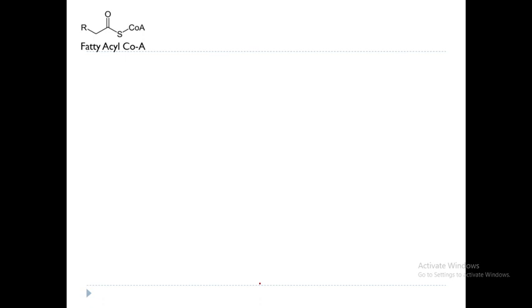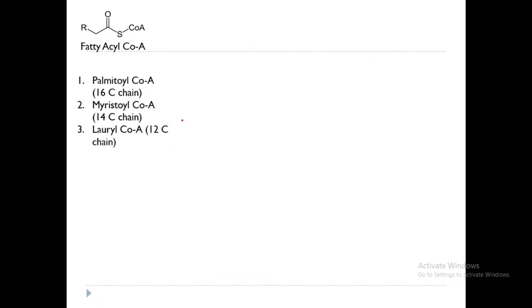Now this is the fatty acyl-CoA structure. The longest carbon chain fatty acid here is palmitoyl-CoA, which has 16 carbons in it. When this palmitoyl undergoes the beta oxidation process, acetyl-CoA is formed and another 14 carbon chain fatty acid is formed, called myristoyl-CoA, which is short of 2 carbons.